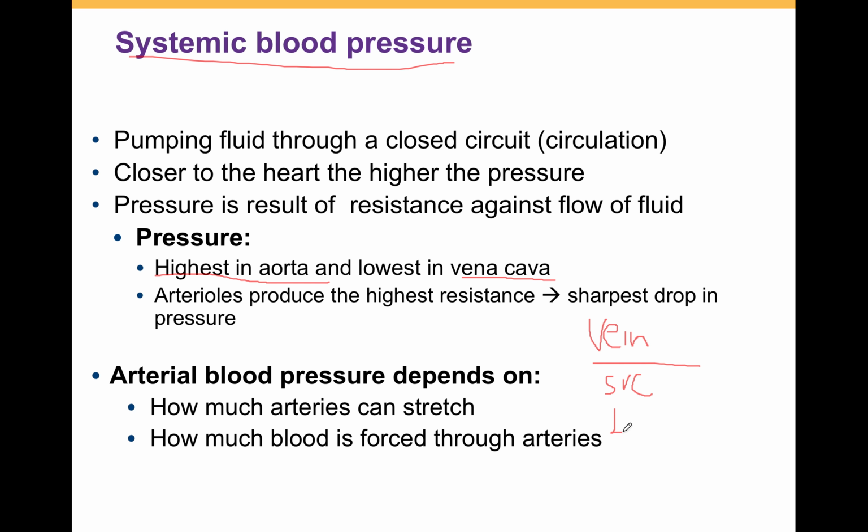And then you have the inferior vena cava, which collects blood from anything below the heart. So both of these blood vessels return blood back to the heart, and they will have the lowest blood pressure, which we decided to be 0 mm Hg.